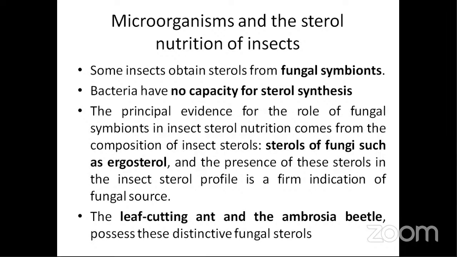The principal evidence for the fungal symbionts' role in insect nutrition: if you take the insect blood, that is the hemolymph, and check its composition, and there is any presence of ergosterol, then we can conclude that the fungal symbionts helped in sterol production, because ergosterol is produced only by fungi. This can be seen in the leaf-cutting ant and the ambrosia beetle, where these distinctive fungal sterols are present.